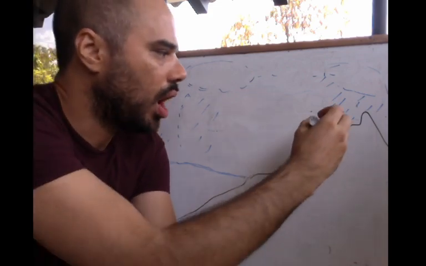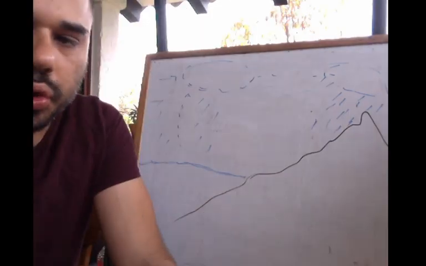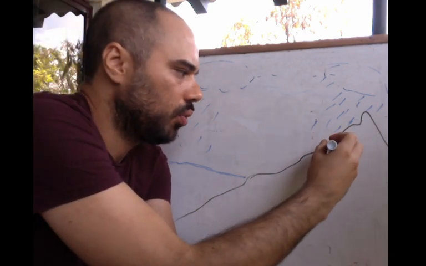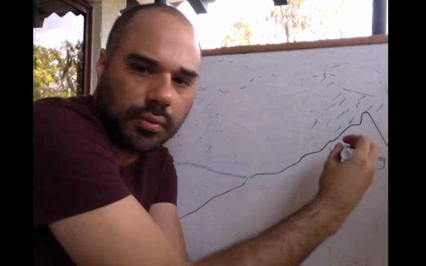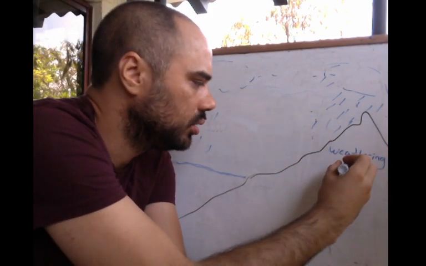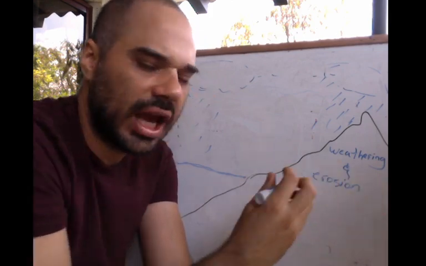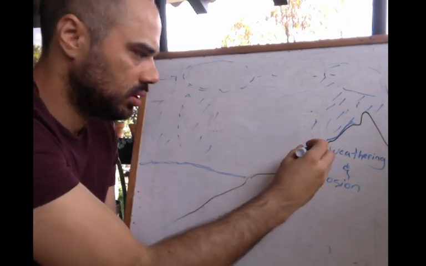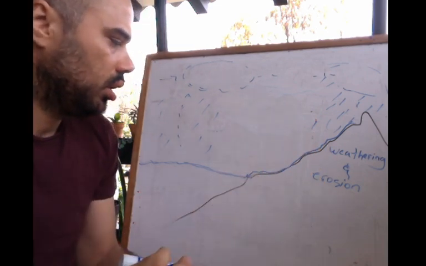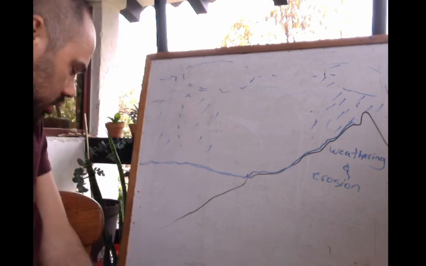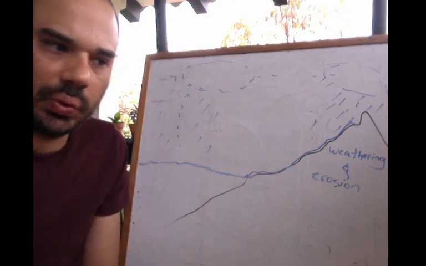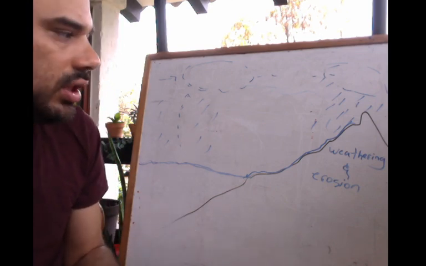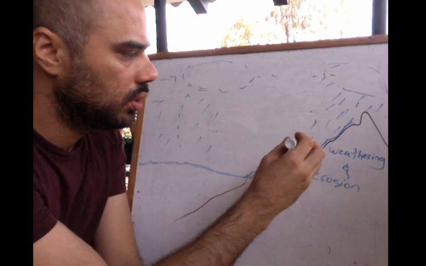As we remember, water is the main agent of erosion and also the main agent of weathering. So with weathering and erosion made by water, what is happening? Water is, in its downward, gravity-driven path to the sea or to a lake, also dissolving rock material.